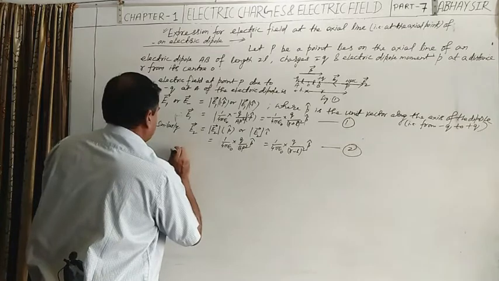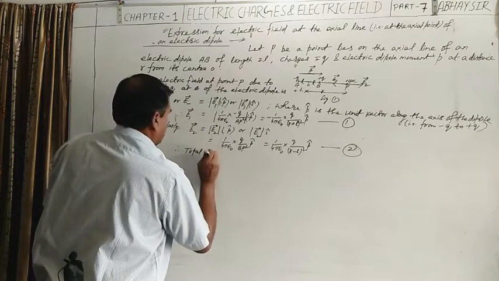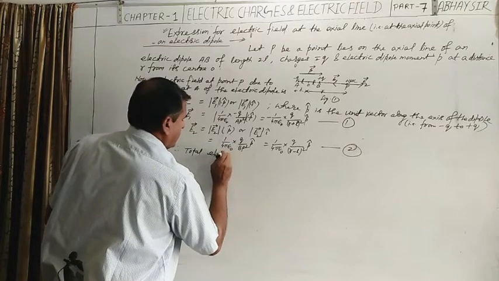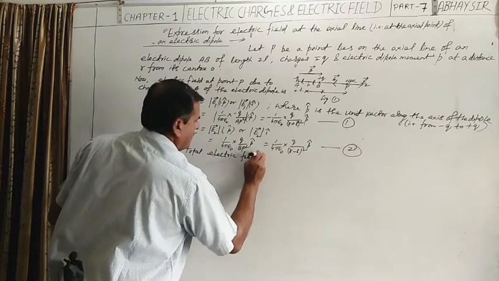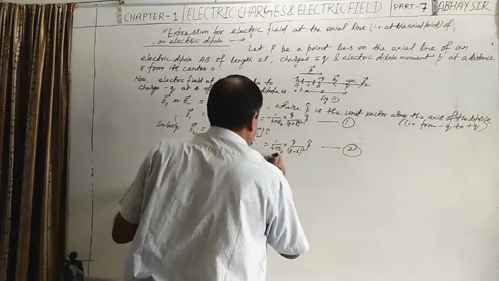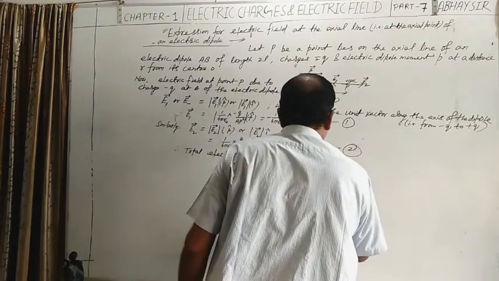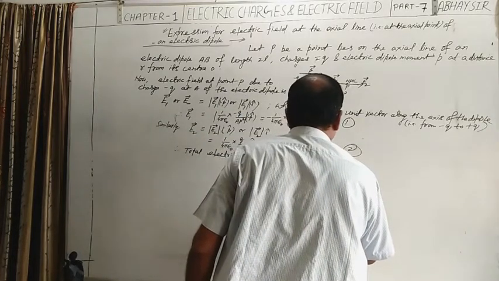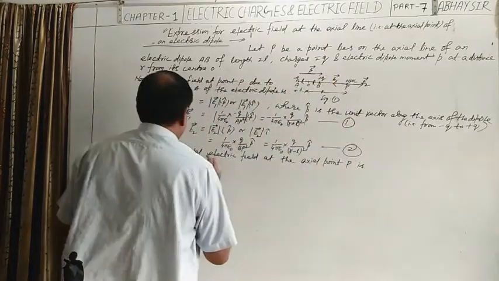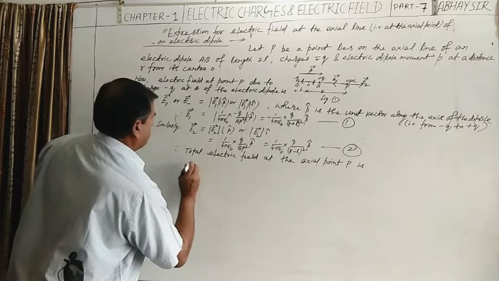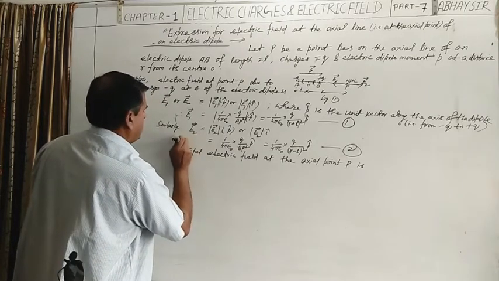Hence the total electric field at the axial point P is E vector, or E2 vector.